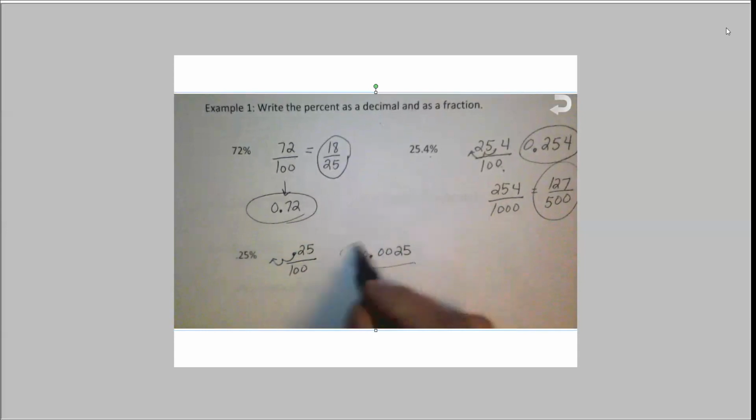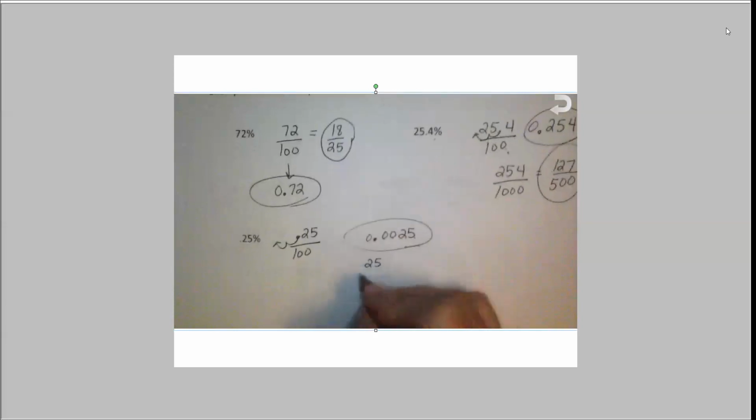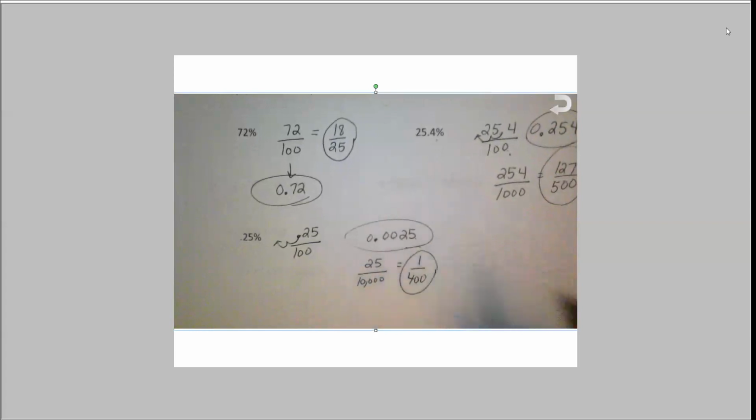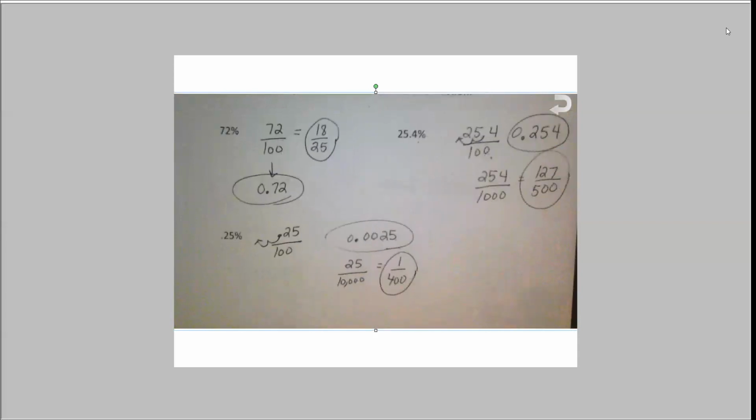Okay, that's my decimal answer. This is tenths, hundredths, thousandths, 10 thousandths. So that's 25 10 thousandths as a fraction. And both the numerator and the denominator are divisible by 25, so that would be 1 over 400. So be able to take a percent and convert it into a fraction or a decimal.